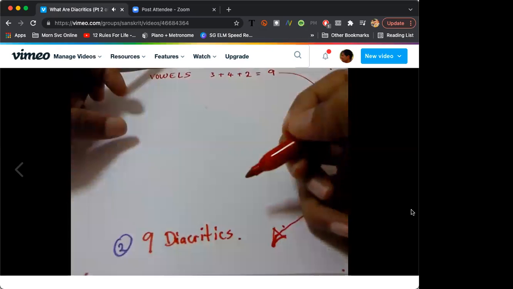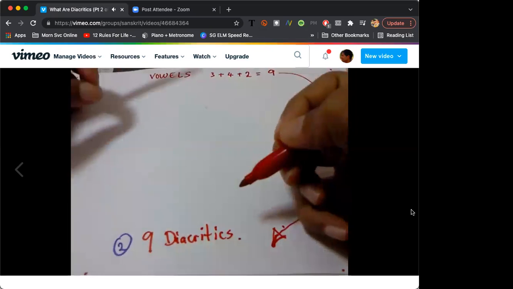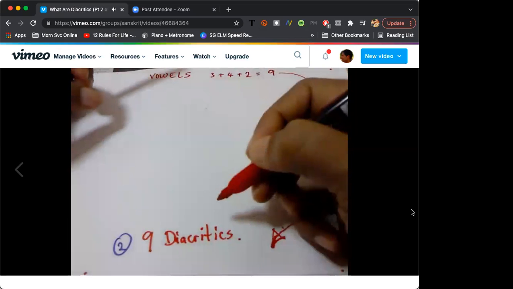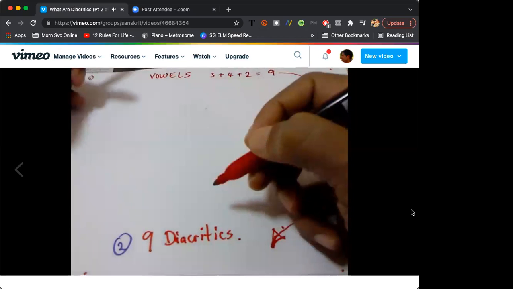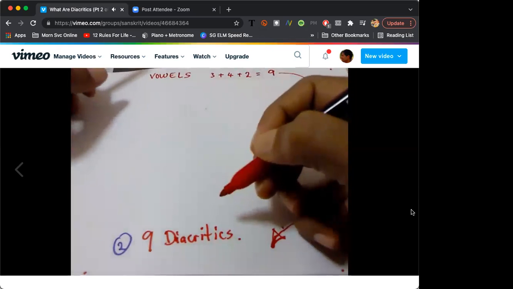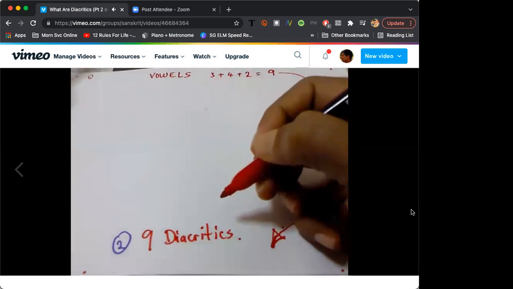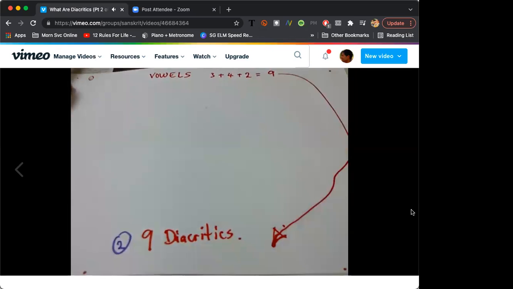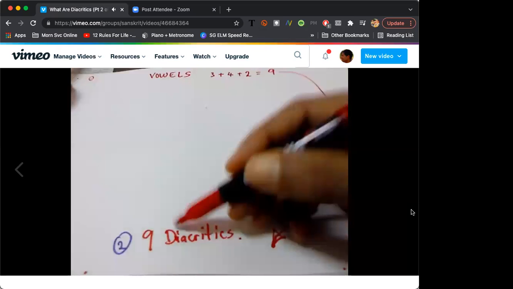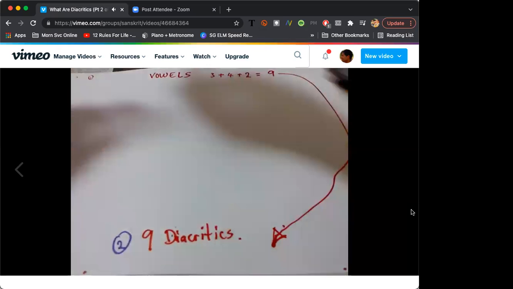As I explained earlier in the introduction, the diacritics are the little dots or dashes, little marks that are added in either above an alphabet or below the alphabet in order to increase the number of alphabets, because we don't have enough alphabets in the Romanized or English script to represent the full spectrum of Sanskrit sounds. Okay, so now first step is to write the title, second step is to write the diacritics. Write the number here.